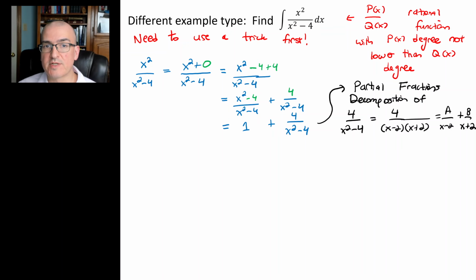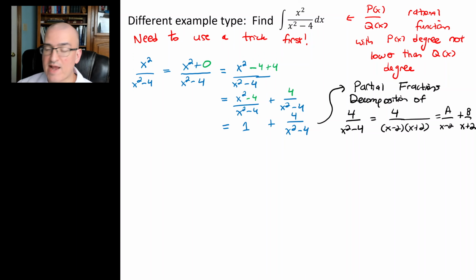This is possible because the degree of the top polynomial is 0 and the degree of the bottom is 2, so the top has a lower degree than the bottom, and we're guaranteed the ability to use a partial fraction decomposition whenever the denominator factors, as long as that first condition is met.